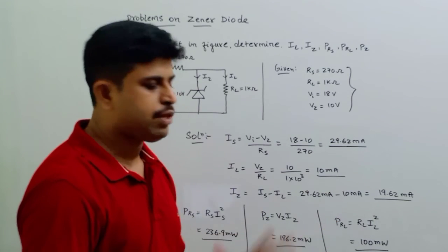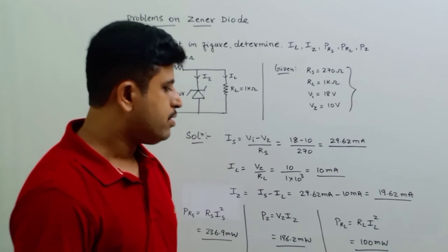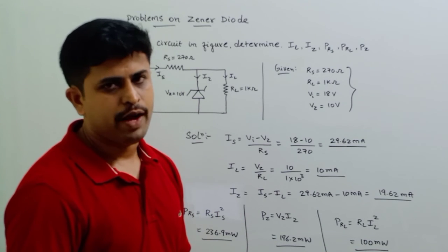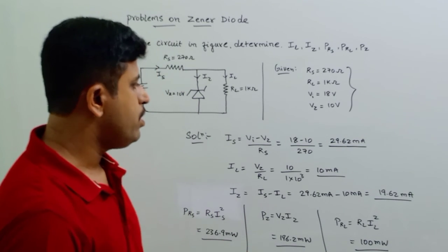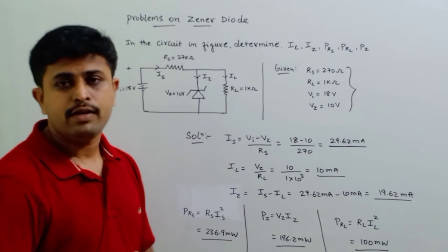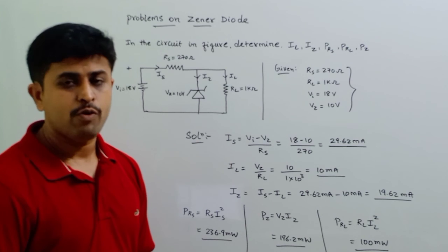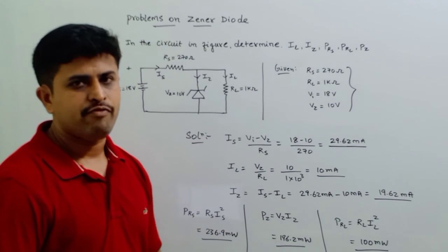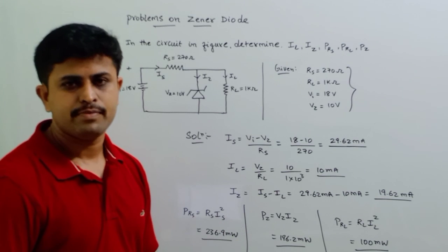So substitute the value of RL and IL, then simplify, and we are going to get this much value. So here we have solved a simple problem where they have given a Zener diode voltage regulator circuit with load and asked to calculate these things, and we have calculated this.